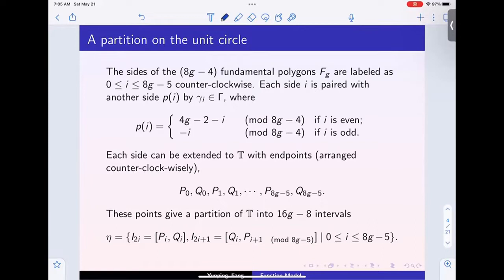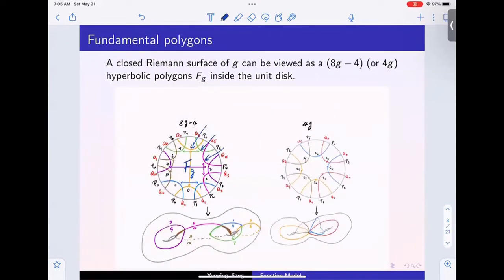Every side can be extended to the boundary circle, and then you have two endpoints.